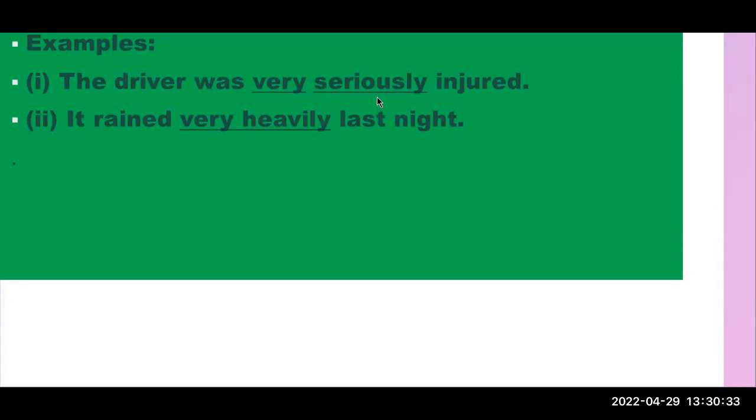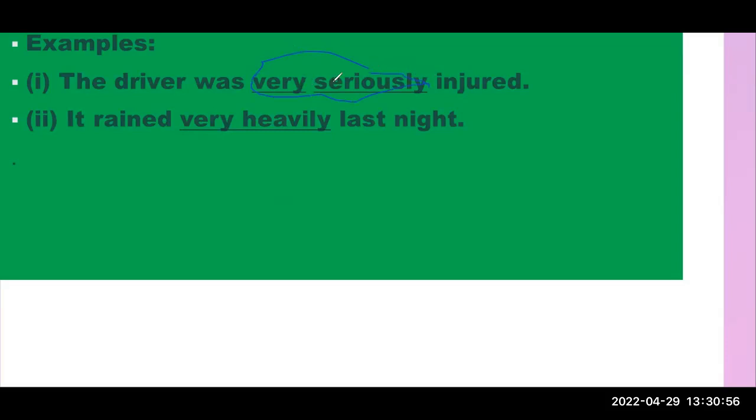The driver was very seriously injured. The words very seriously are actually the adverb phrase formed by that structure. So you can see very seriously injured.